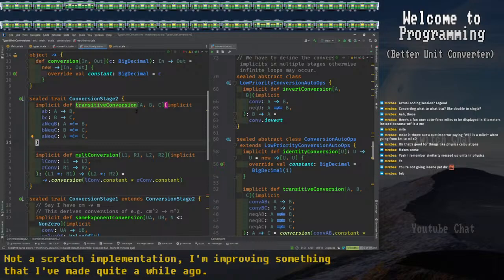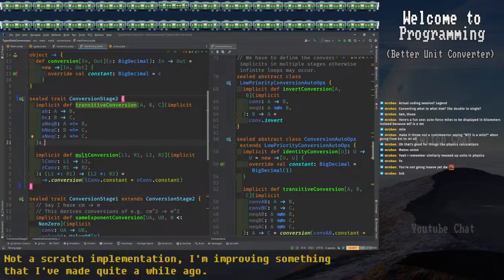Wait. If I want to invert... Oh, God. I'm pretty sure there are really complicated... Alright, instead of thinking about that now, we'll test some units later and figure out what goes wrong later.